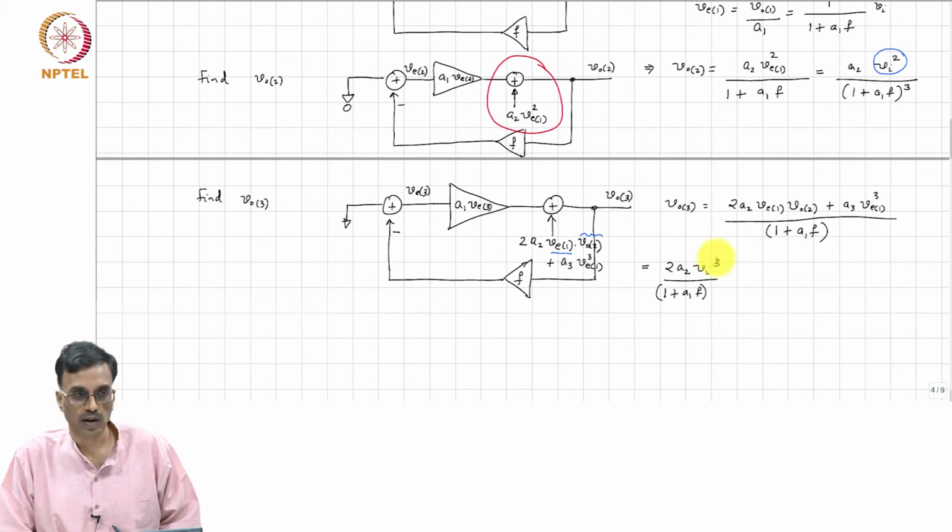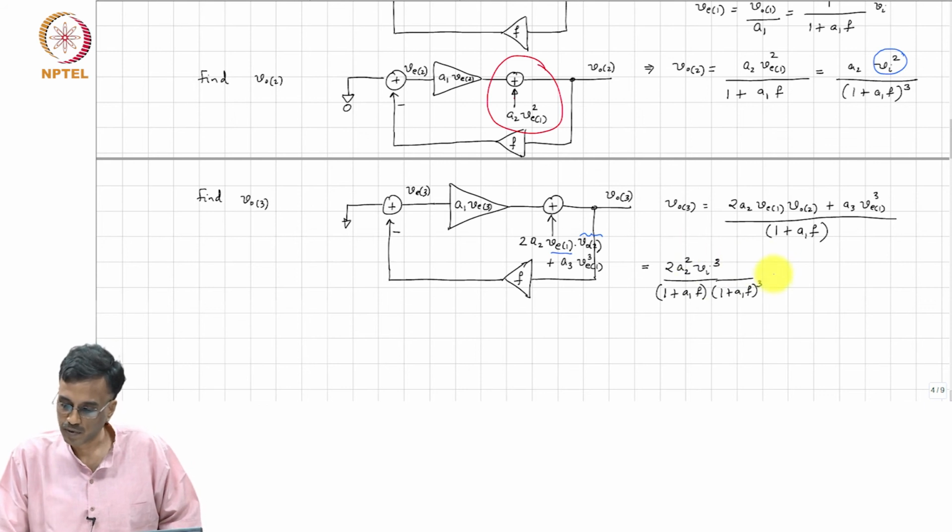So, the whole thing becomes VI cube times A2, divided by A1F the whole cube. We can simplify that later, plus A3 VE1 cube is VI cube by 1 plus A1F the whole cube, times another 1 by 1 plus A1F.